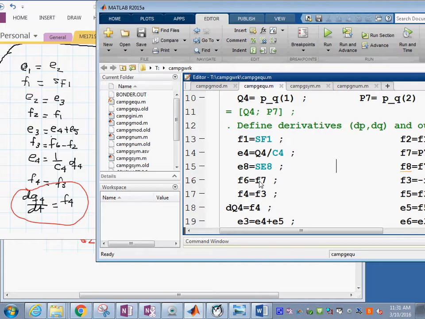But this is just to verify, like dp7 is e sub 7. You're going to see it right here. That's what you see right here. See?